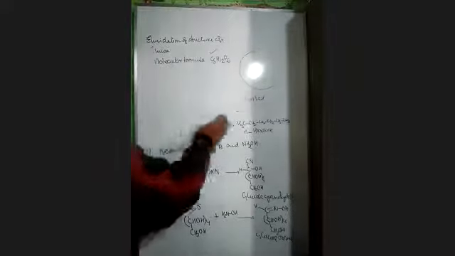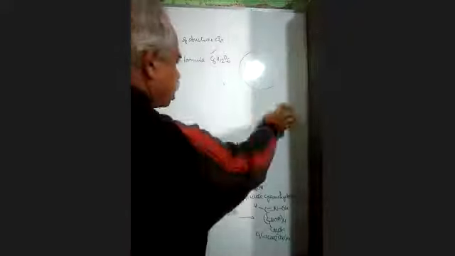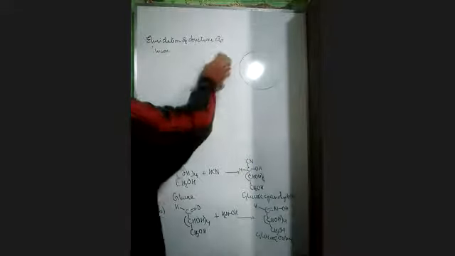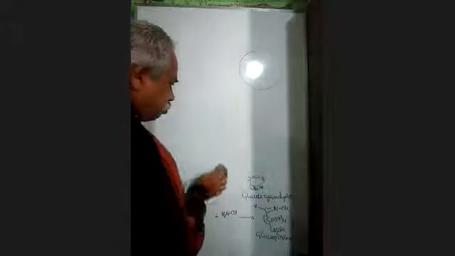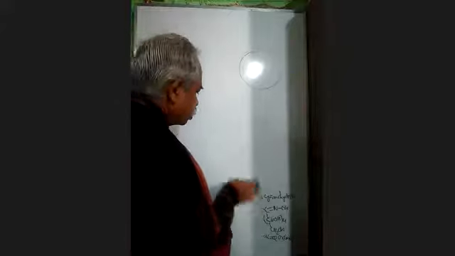So now these two reactions have proved that glucose has a carbonyl group, because only a carbonyl group can react with hydrogen cyanide and hydroxylamine. Because of that, two reactions are done.